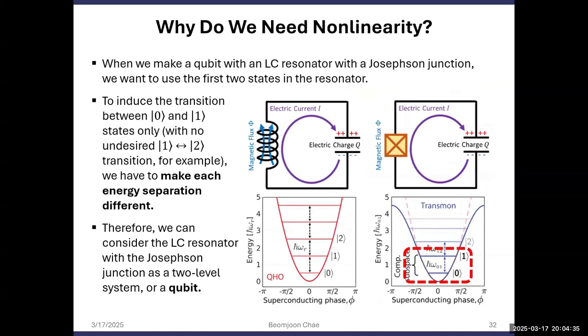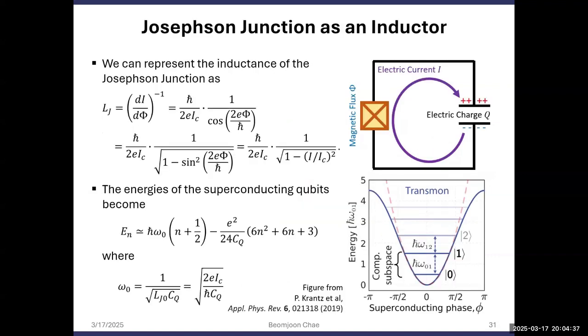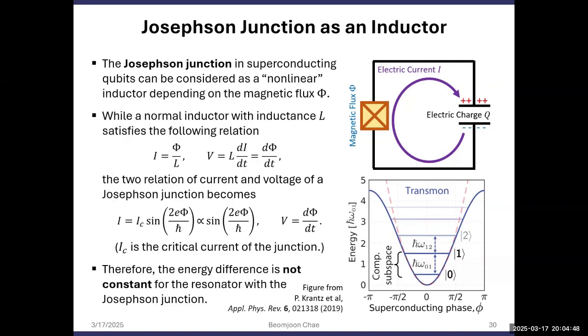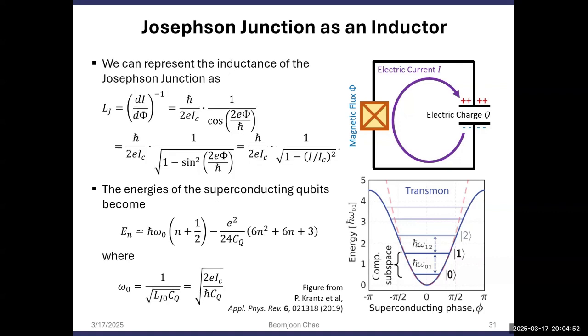Considering the definition of inductance, the inductance of the Josephson junction is going to be like this. And considering the relation between the current and magnetic flux, the inductance is derived like this.